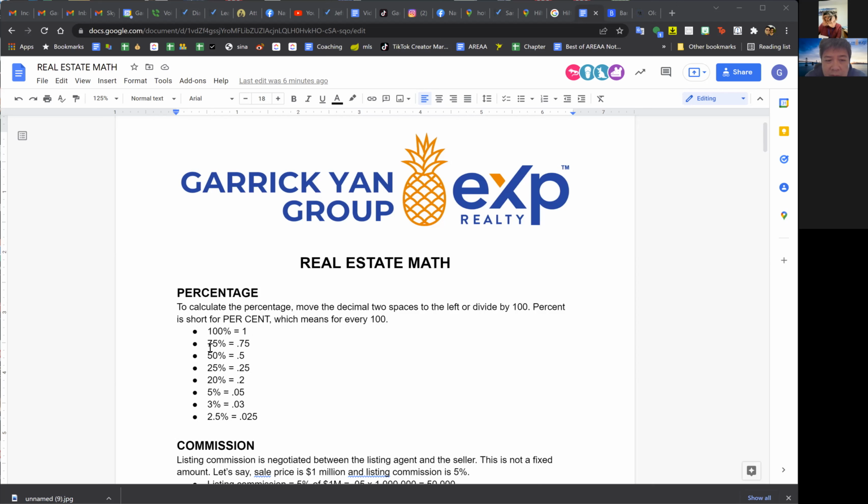So for practical purposes, if you just take 75 and move the decimal 2 places to the left, you get the equivalent of dividing it by 100, which is 0.75. Here, I've included some of the most common percentages converted to decimals, and this way you can use these numbers in your head very quickly.